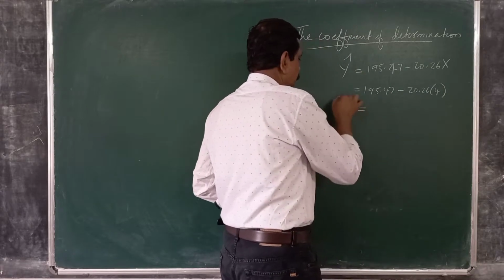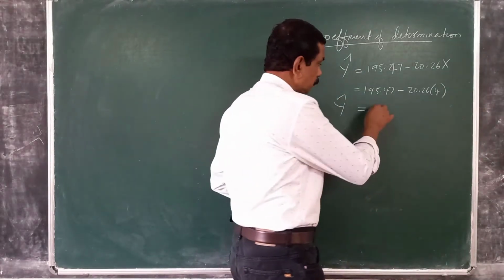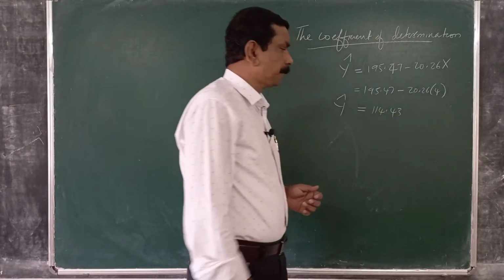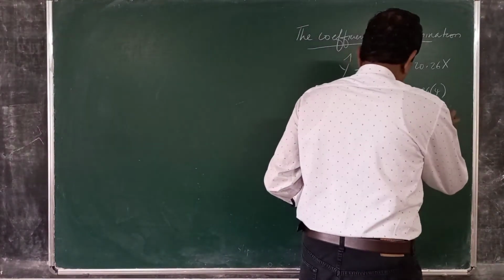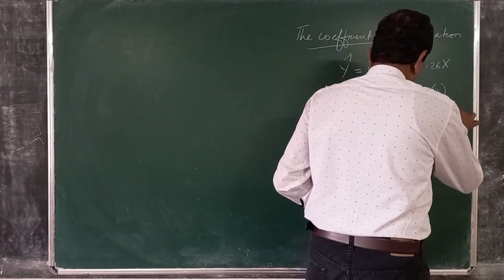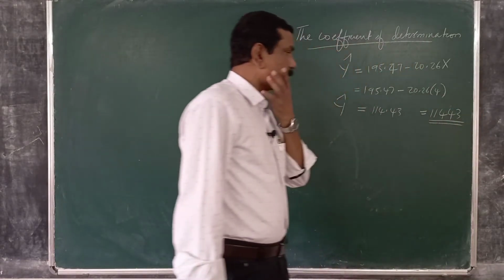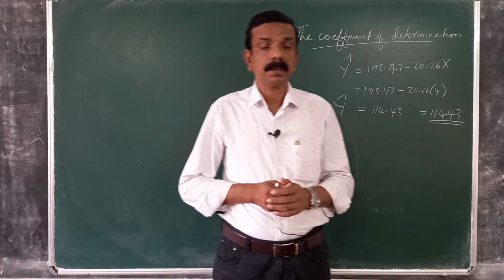The predicted value is equal to 114.43 in hundreds of dollars, or is equal to $11,443. That is the predicted price of a car which is 4 years old.